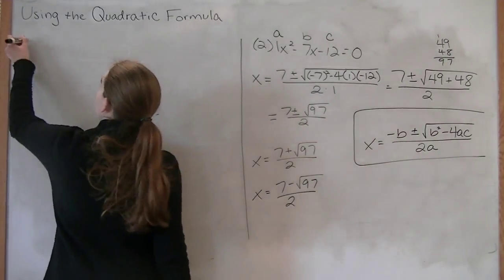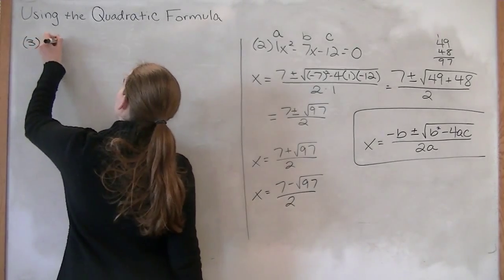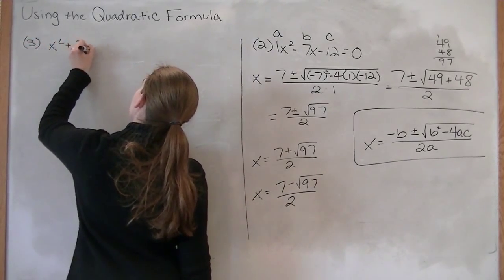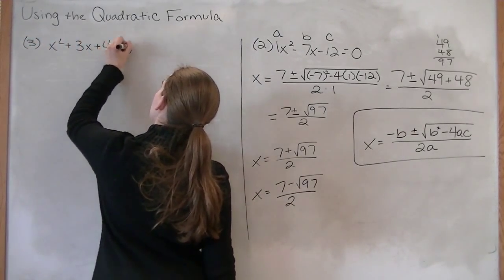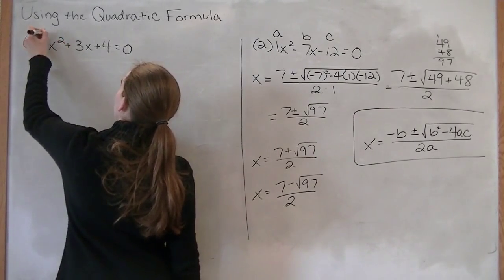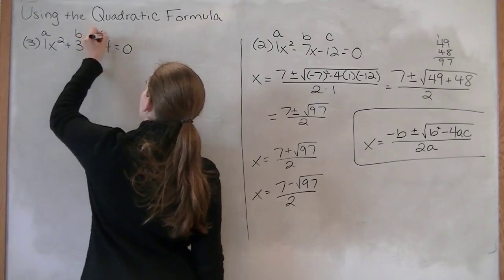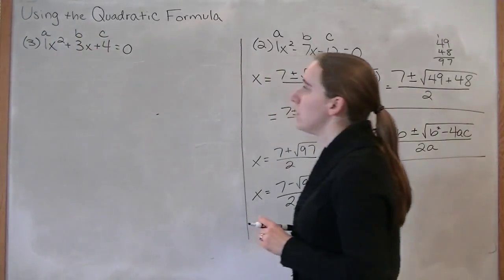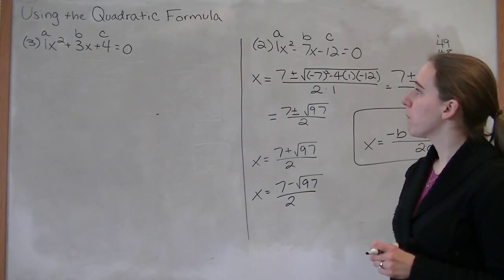Okay. Let's look at now x squared plus 3x plus 4. So again, we don't have an a, but we can write it in. So that's a is 1, b is 3, c is 4.